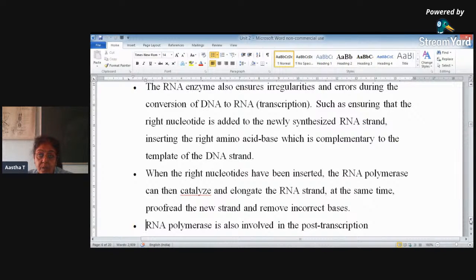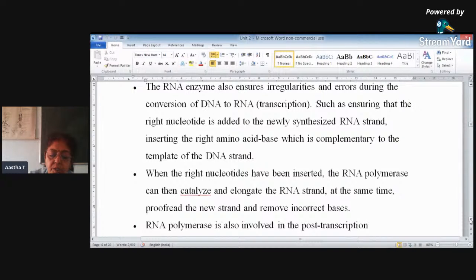They can carry out the proofreading function also and remove the incorrect bases. So that will help in preventing the chances of mutation. There will be no scope of mutation in the resulting chain of amino acids or protein which is synthesized.